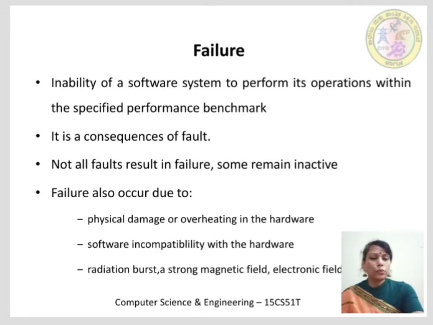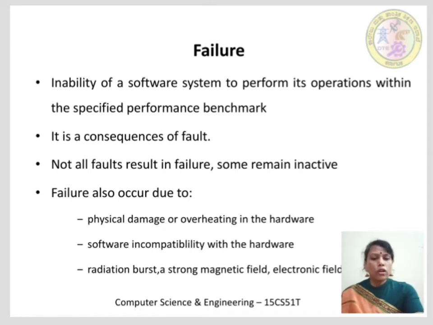Failure occurs when the software fails to perform in the real environment. In other words, after the creation and execution of software code, if the system does not perform as expected due to the occurrence of any fault, then it is called a failure.